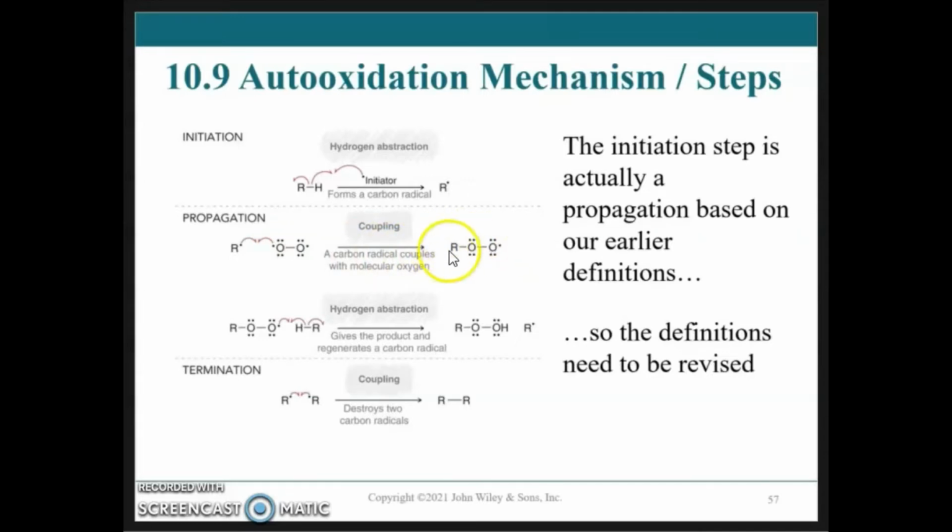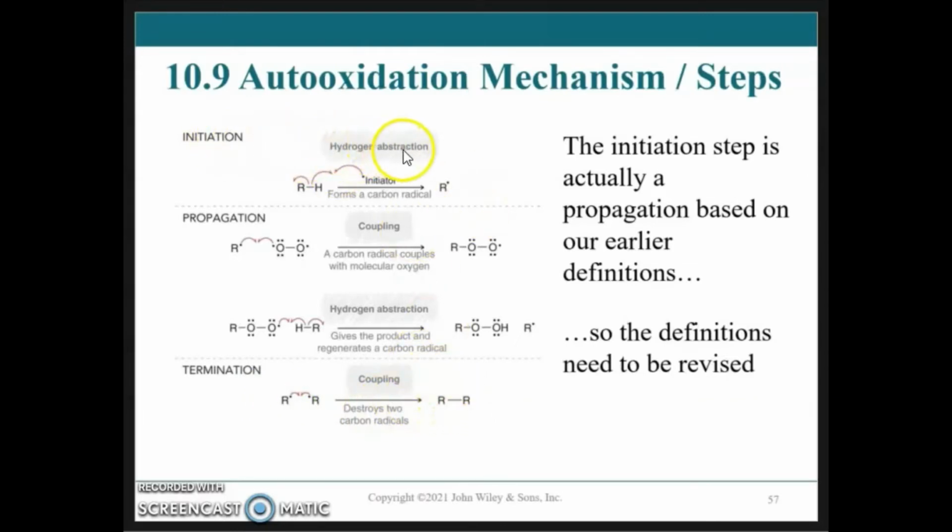This is a propagation step. This radical can then abstract a hydrogen to give us a hydroperoxide and regenerate our radical species. And this can go on, or that radical species can terminate, and we go from 2 radicals to 0 radicals. So that's a termination step.